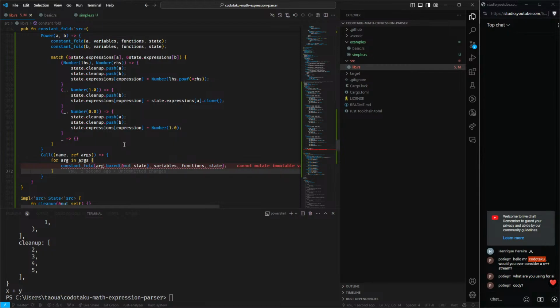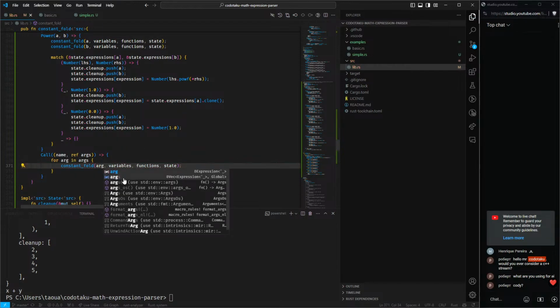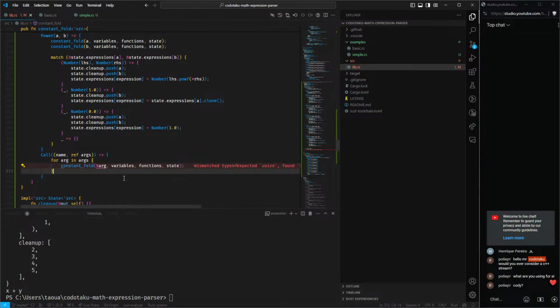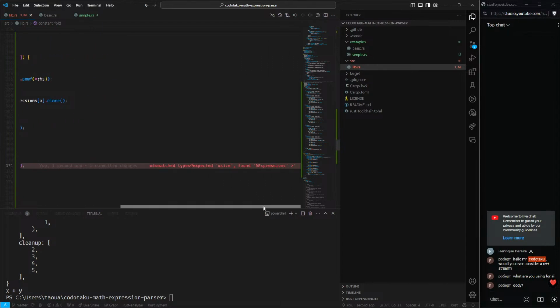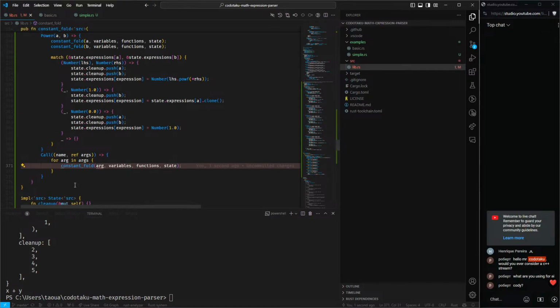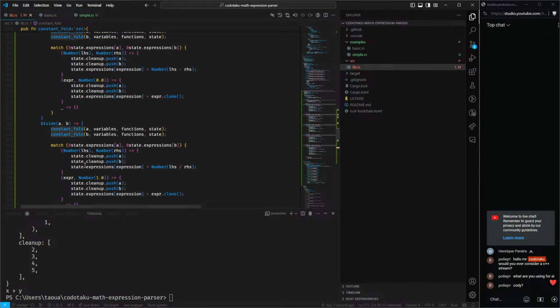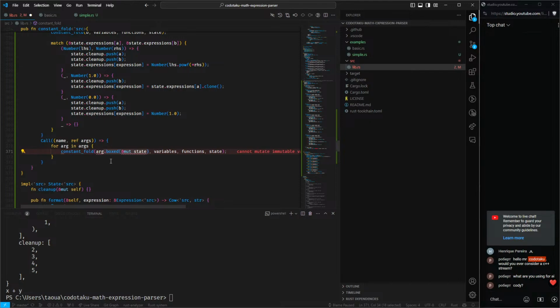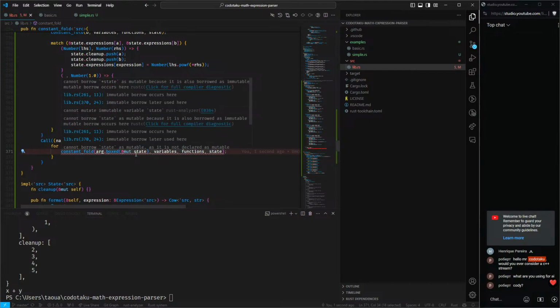Why box the argument? What the heck? It's thinking that it may be usize, is it? Hold on, mismatched types. Expected usize, found expression. Oh, ConstantFold takes usize. Ah, I see. So that's correct, actually.